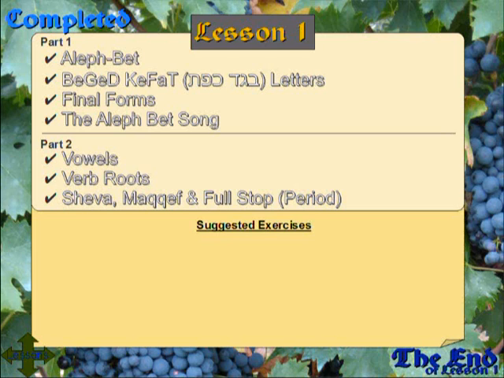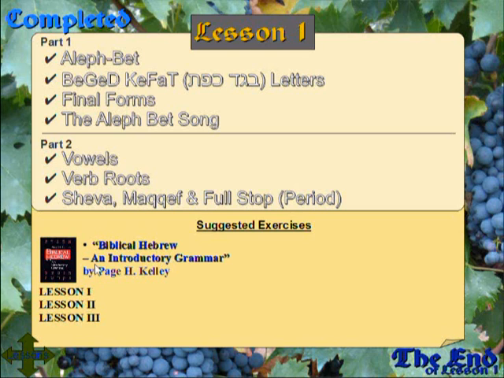Right, the suggested exercises: Biblical Hebrew: An Introductory Grammar by Page H. Kelley. If you haven't done these lessons yet and you do have this book, then do lesson 1 and lesson 2 and lesson 3 and the exercises in them.